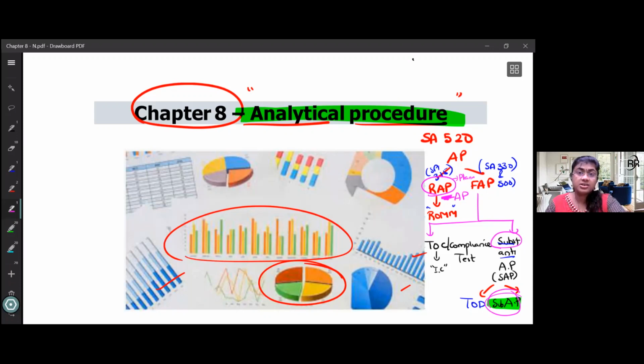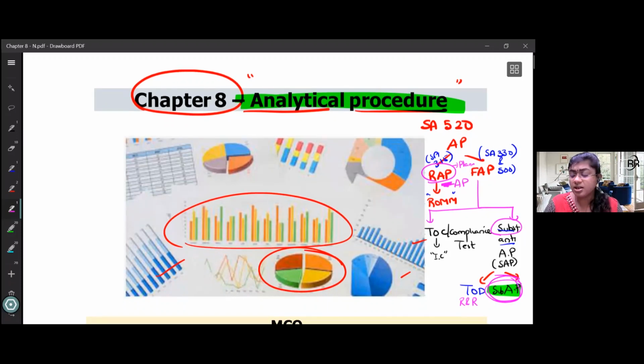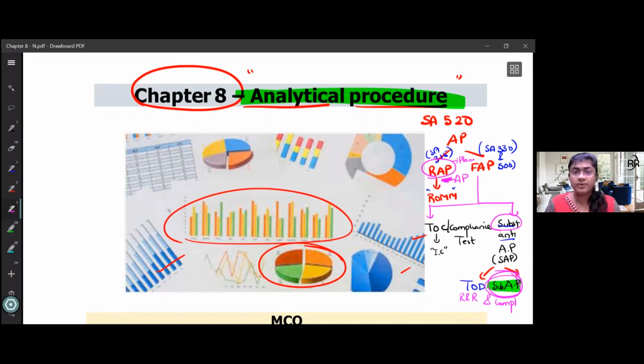In substantive procedures, analytical procedures are done to obtain relevant and reliable evidence. And finally, to arrive at the overall conclusion, completion of audit. So, this is one of the important SAs, students, SA 520.